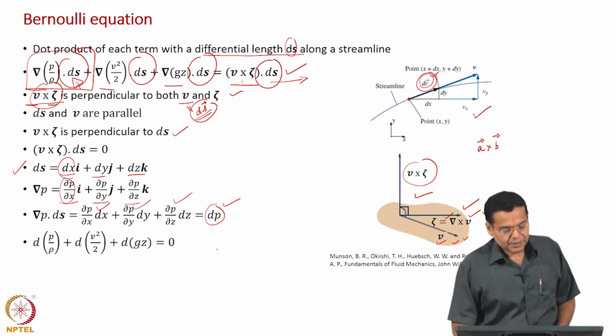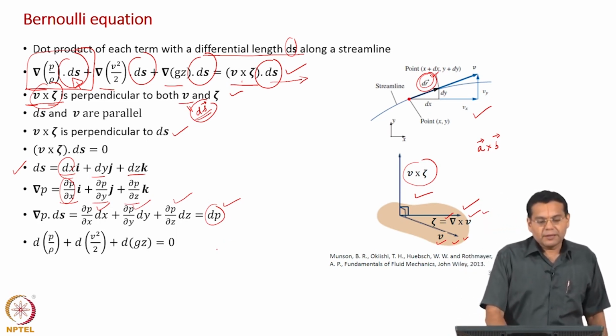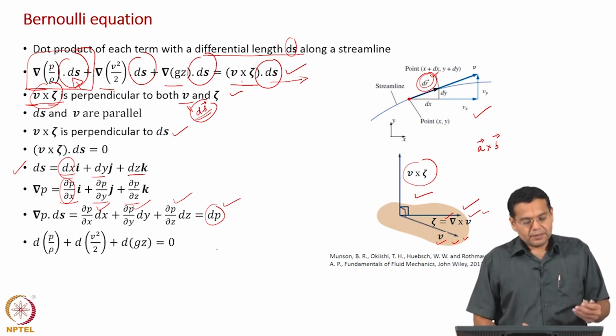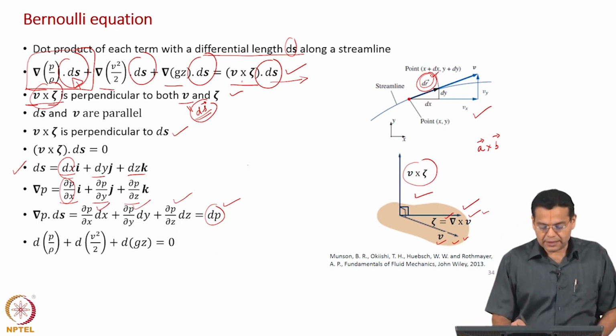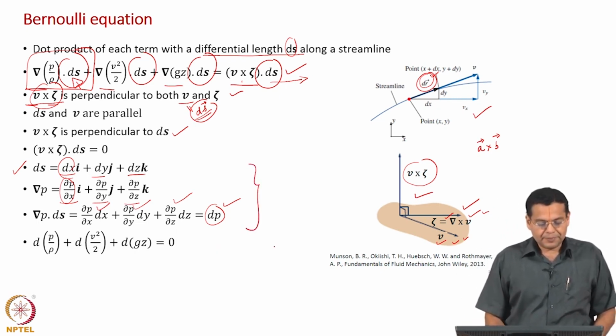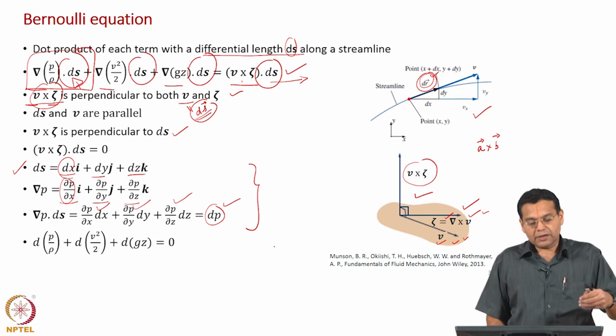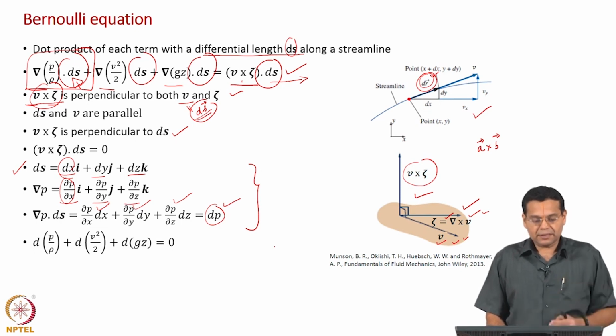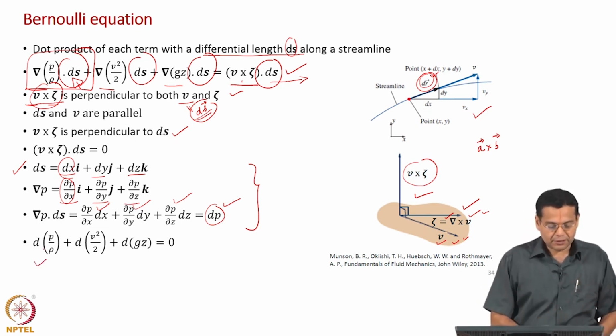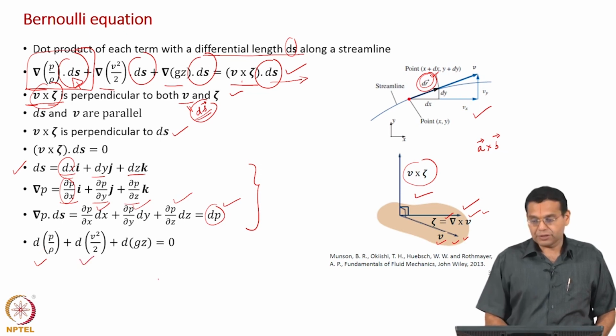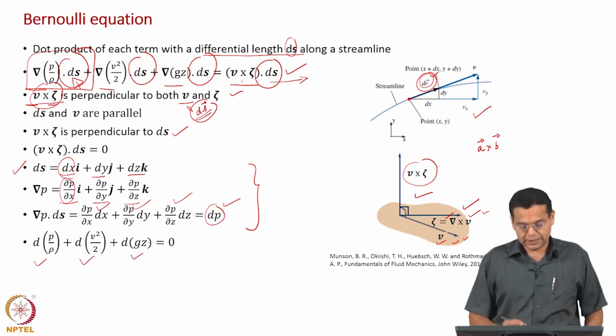Now of course, it becomes much simpler to read. What we have shown here is that for the gradient of p dotted with the ds vector, what we have there is the gradient of p by rho dotted with the ds vector. So, the first term becomes d of p by rho, plus d of v squared by 2, plus d of gz is equal to 0.